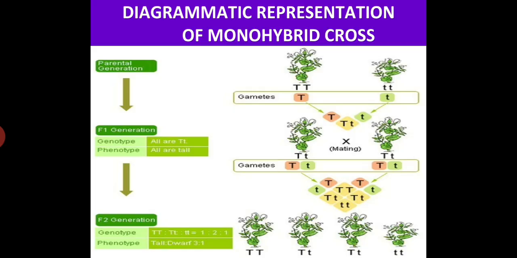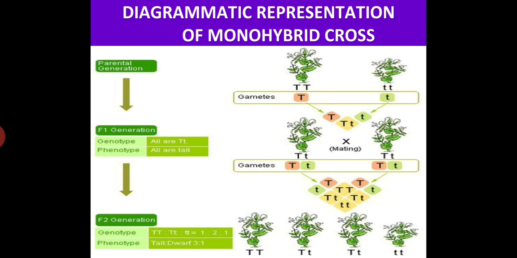This is the diagrammatic representation of the monohybrid cross. He took a homozygous tall plant and crossed it with a homozygous dwarf plant. In the F1 generation, all the plants appeared to be tall. Their phenotype is tall while the genotype is heterozygous.